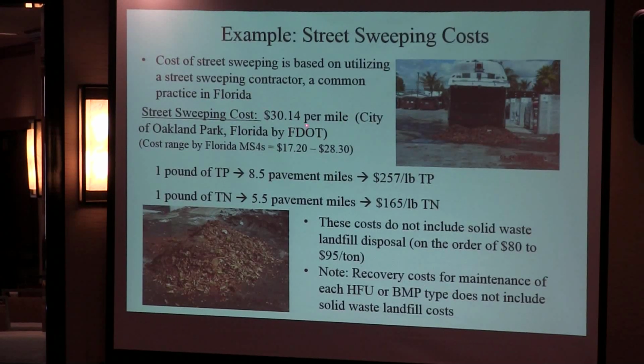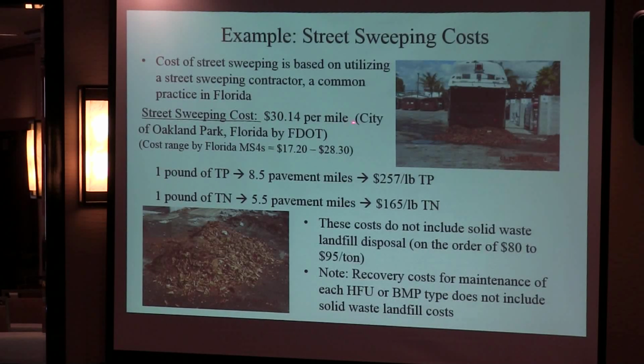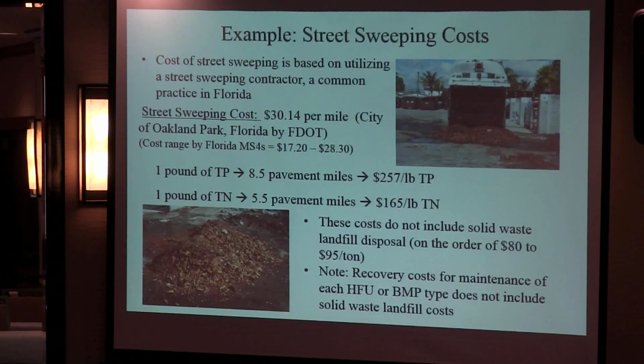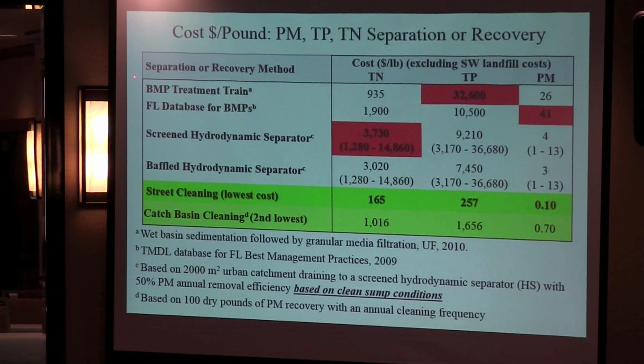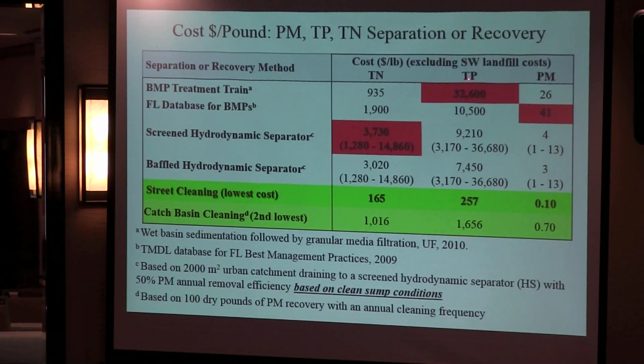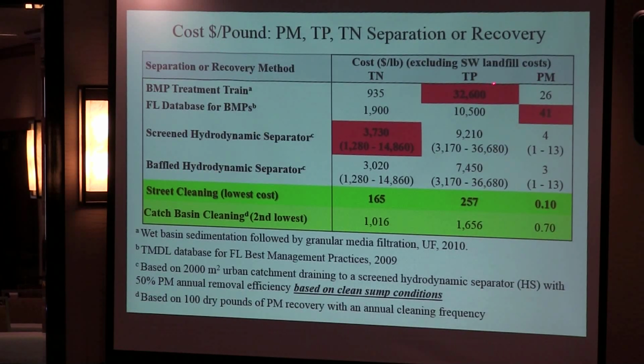Typically, street sweeping costs are about $30 per mile in the state of Florida, and we can equate that to dollars per pound of total phosphorus or dollars per pound of total nitrogen. So to sum up these results, if you look at different treatment or maintenance practices, best management practice treatment trains, if you want to pick up a pound of total phosphorus, it's going to cost you about $32,000 per pound of total phosphorus.